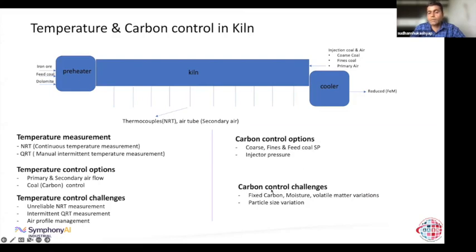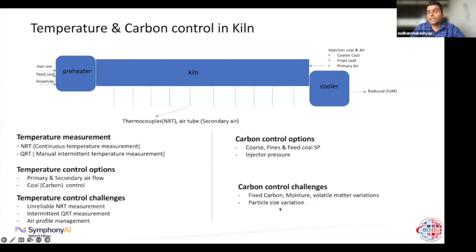And challenges with carbon control is the fixed carbon, moisture, volatile matter, and all keep changing in this coal which is being injected. So your effective carbon also changes if the fixed carbon of your coal changes.